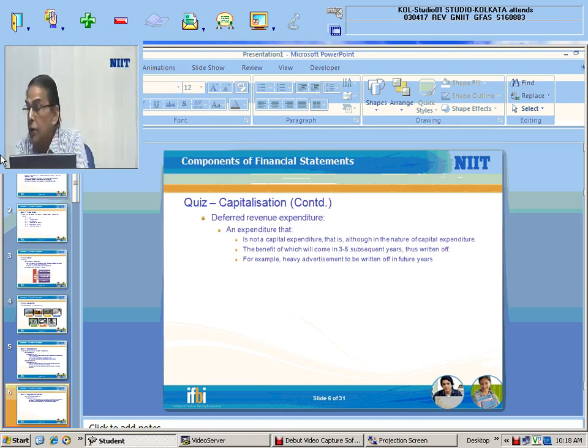Normally, if you are paying an insurance premium for taking a policy, that part of the premium which applies to that particular accounting period will be treated as a revenue expenditure. But the part of the premium which applies to the next accounting period, we treat as a deferred or prepaid expense. That is also deferred revenue expenditure.